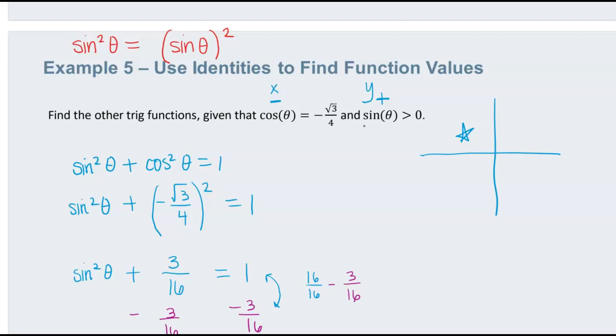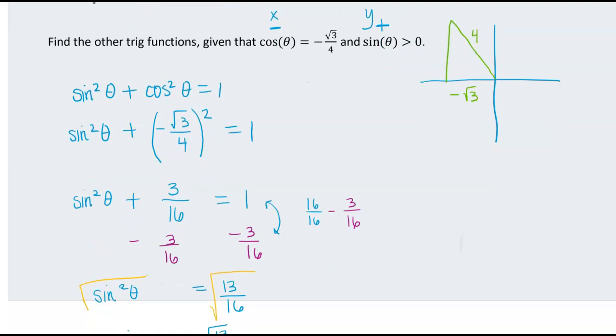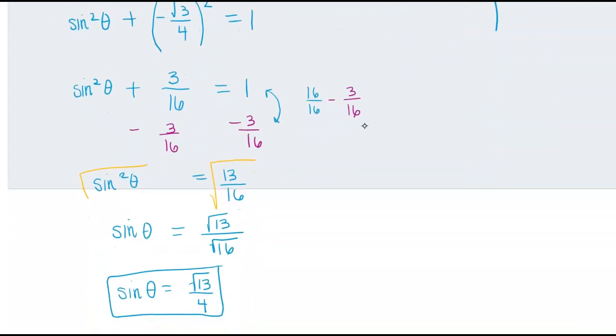Let's draw a picture just so we can see what's happening here. We knew that cosine was x over r, so that would have been negative square root 3 over 4. And if I were to use the Pythagorean theorem to try and determine what that missing side was, and you can do this on your own, it's going to end up being the square root of 13.